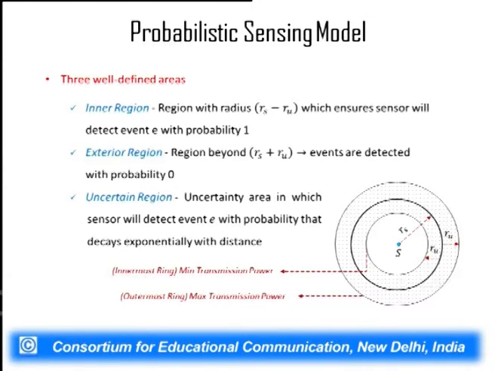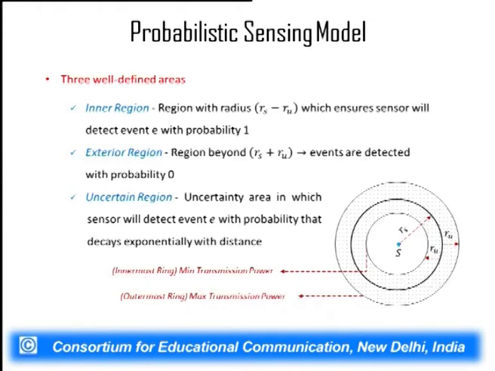And the outermost ring shows the maximum impact of maximum transmission power, which can be even more than the average radius RS. So, this donut formation of sensing region gives a new parameter RU.